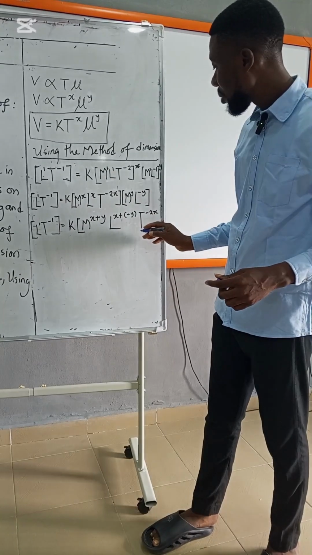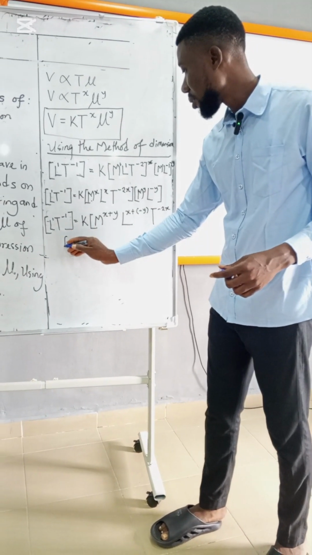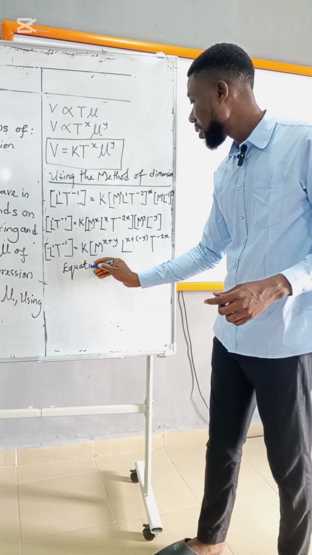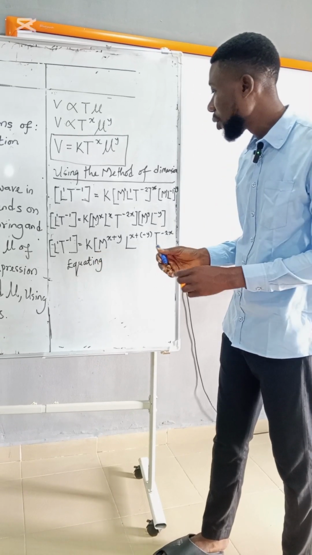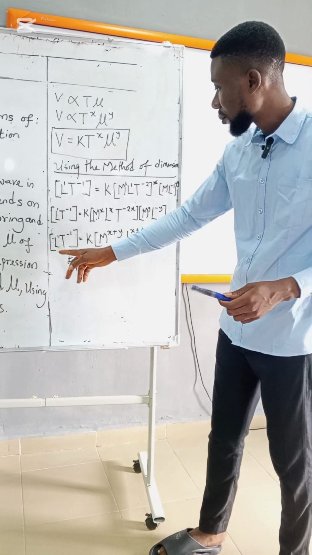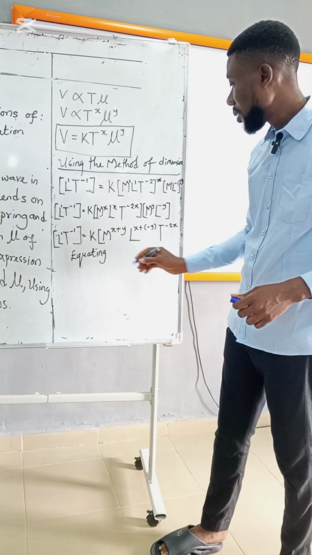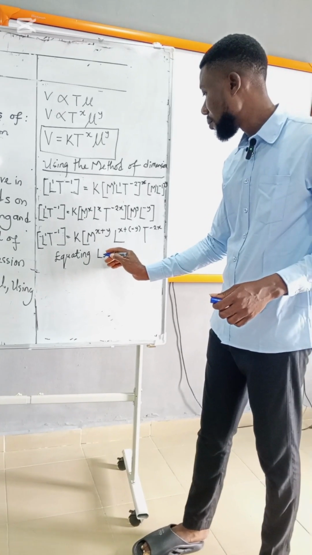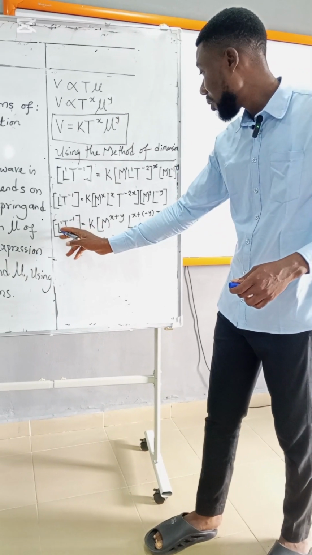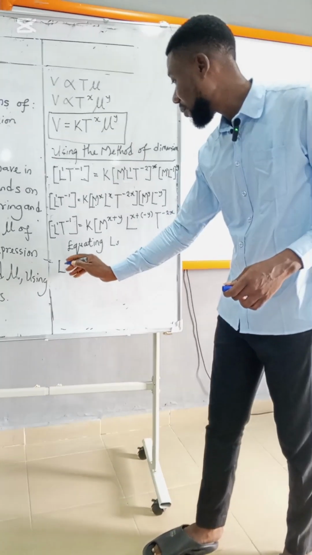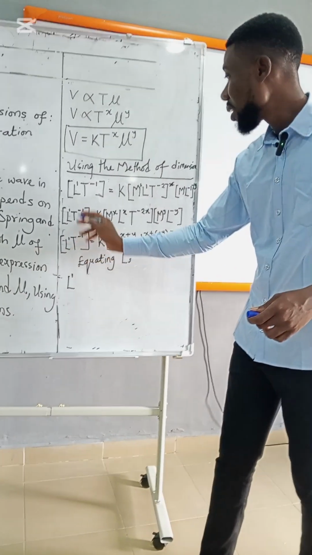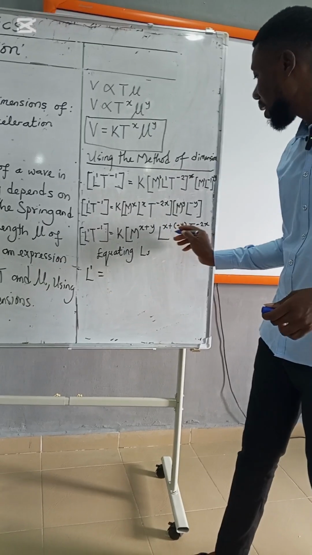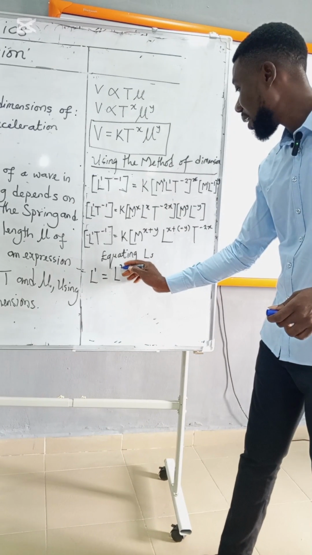Okay, now the next thing we're going to do is to equate. I'm going to start by equating L's. So here there's L, and we have L raised to power 1 based on the dimension for velocity, which is equal to, here we have L as x.